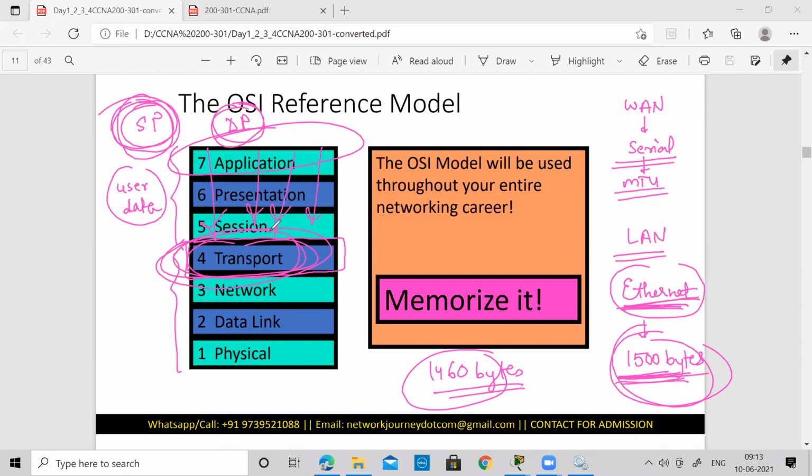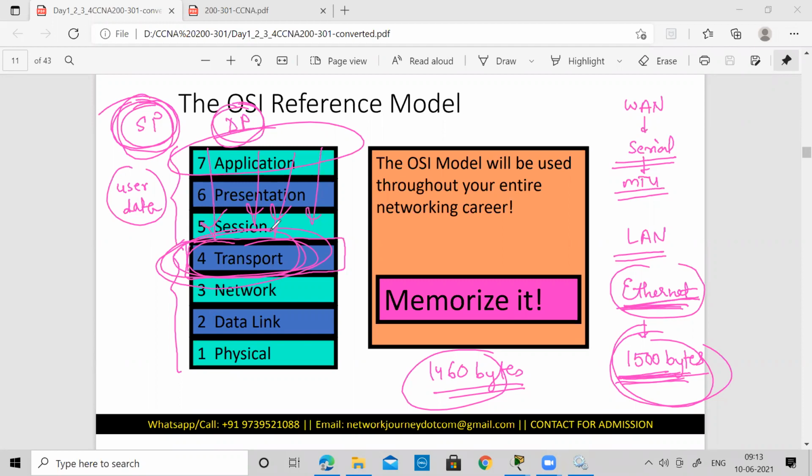Retransmission of data, if there is an error or a loss due to interference or collision, you can retransmit the data. You can see an error control mechanism is implemented in the transport layer, an end-to-end error mechanism. So you can detect errors. When you hear this term error control, that means detection and correction both are involved.